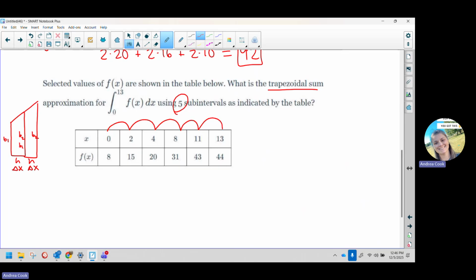And let's figure out the distance. So that would be a 2, 2, 4, 3, 2. Remember, area of a trapezoid is base, not base, height. Height over 2, base 1 plus base 2.